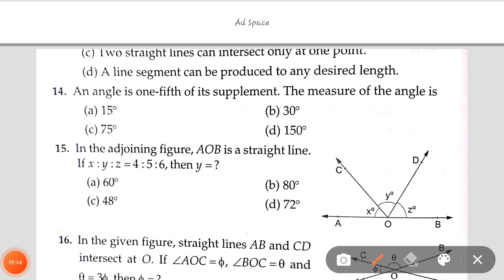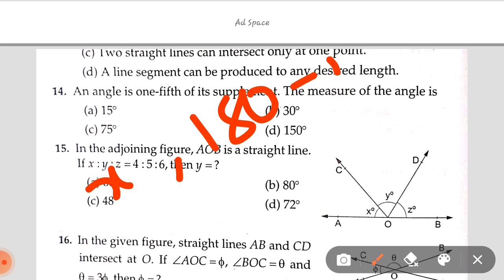14 number, an angle is one fifth of its supplement. Then the measure of the angle is. In this type of question, let the angle be x. Then its supplement is 180 minus x.